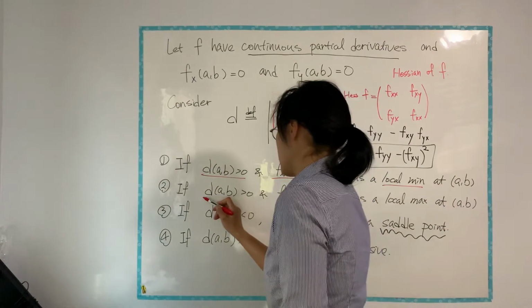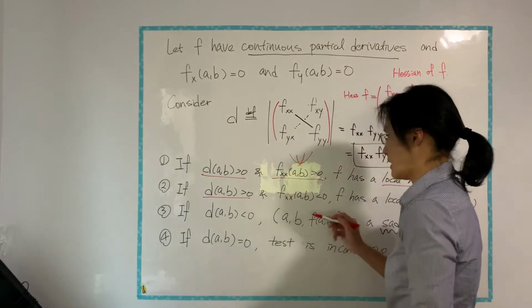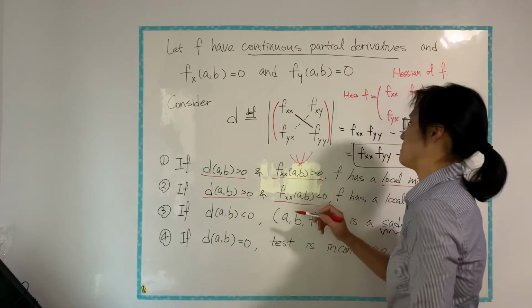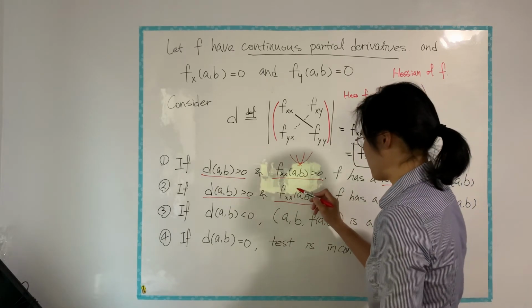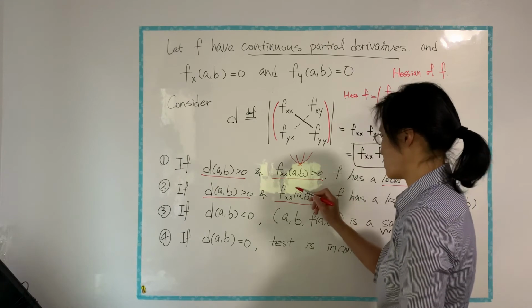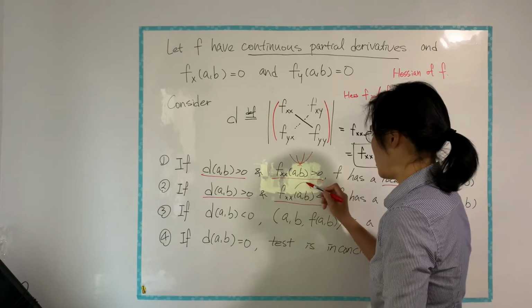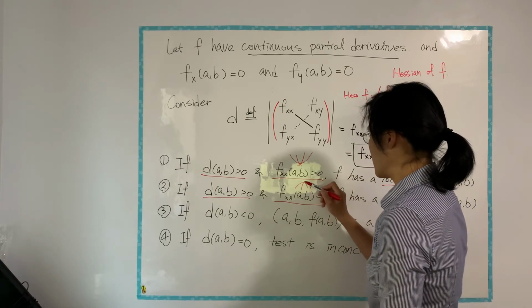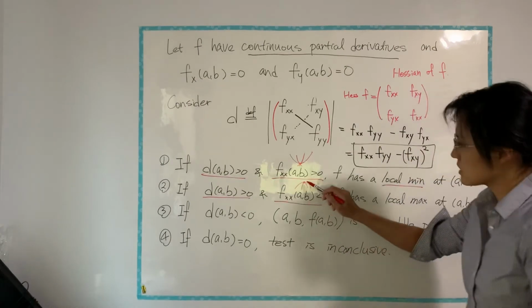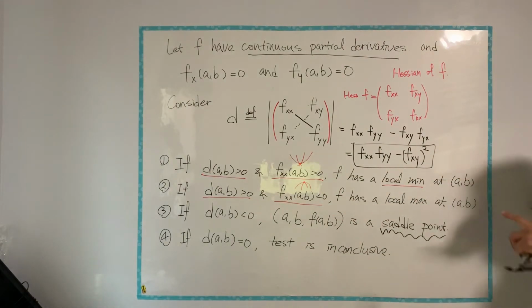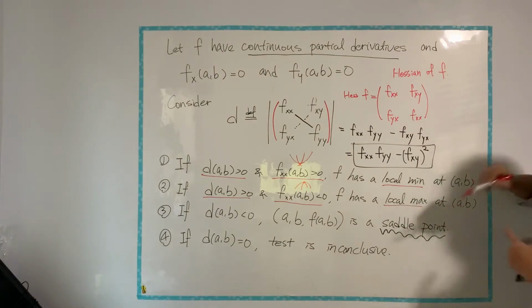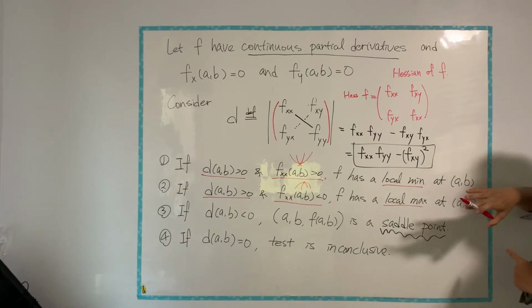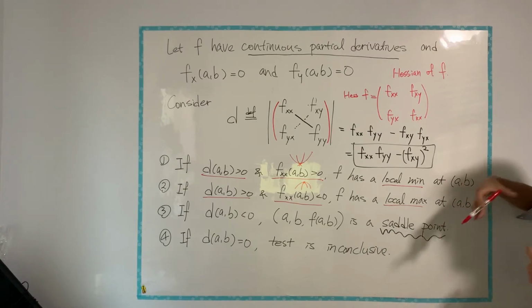Similarly, if the determinant at (a, b) is positive, but this time f_xx at (a, b) is negative, negative means opening downward, so locally it gives you a maximum point. So we have a local max at (a, b), and f(a, b) is a local maximum value.